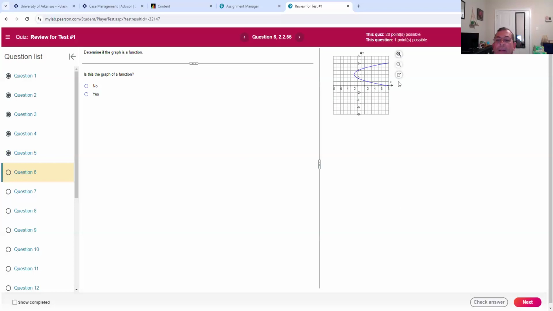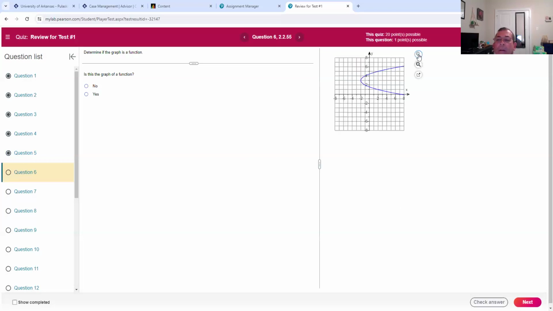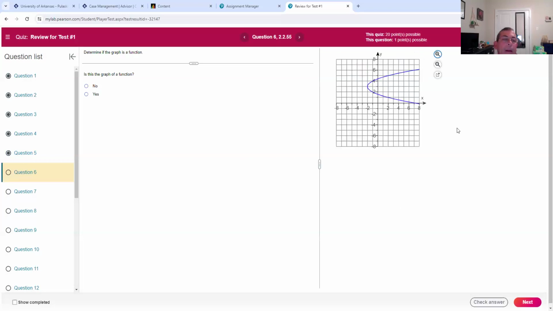All right, y'all, so let me make this one just a little bigger here. And all I want to know, y'all, is that graph a function? So let's see. So I got a yes and a no. So y'all remember this.